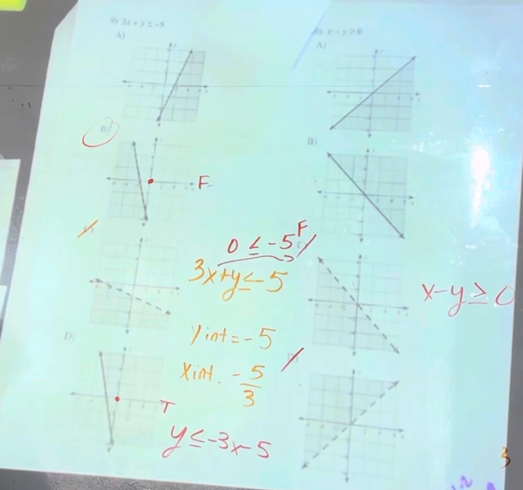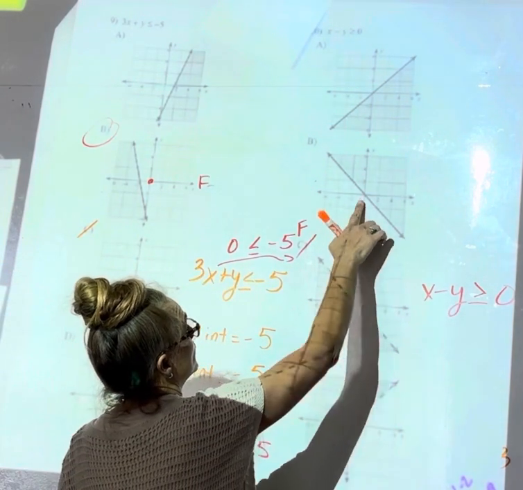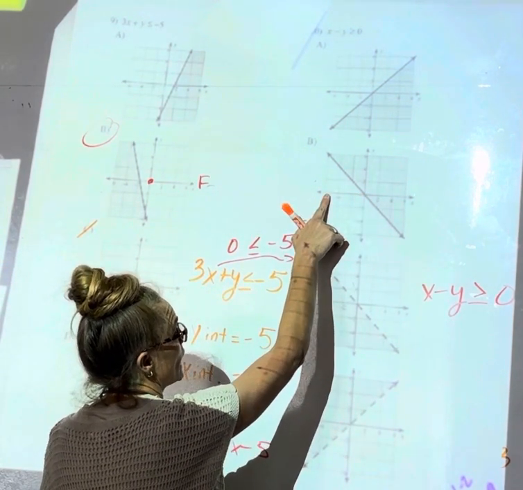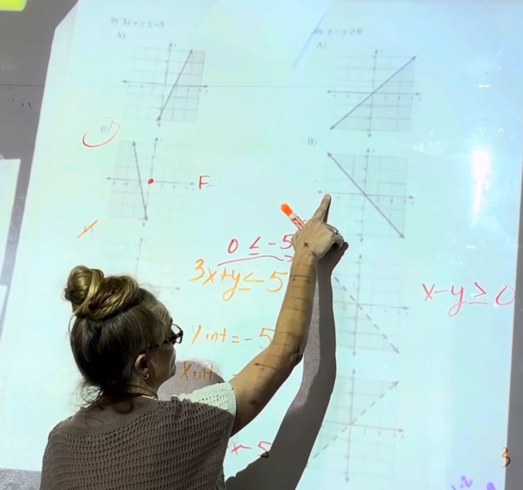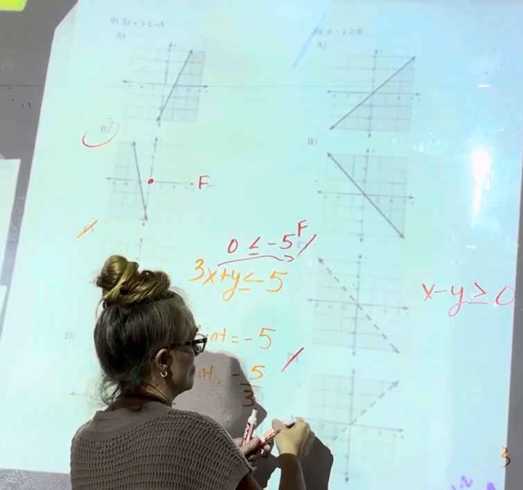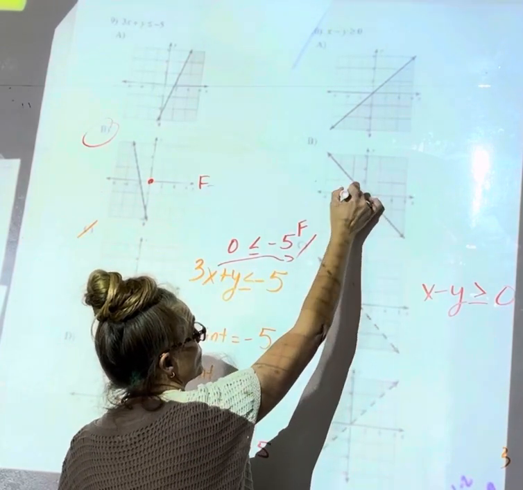So I have to pick a point that is true in one and false in the other. Is there an infinite number of points? Yeah, there's a few that I can see. Would any of these work on the y-axis? Would any of these points work?